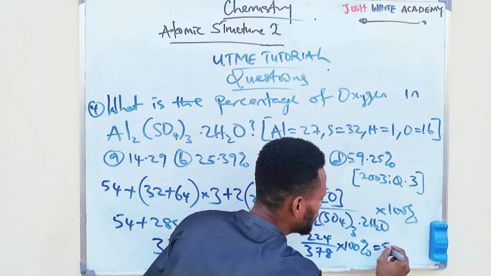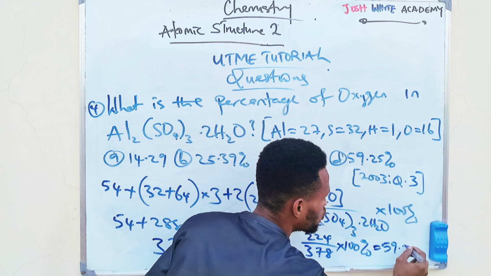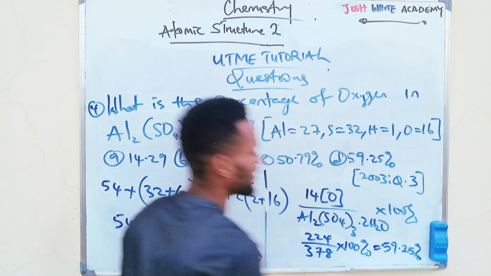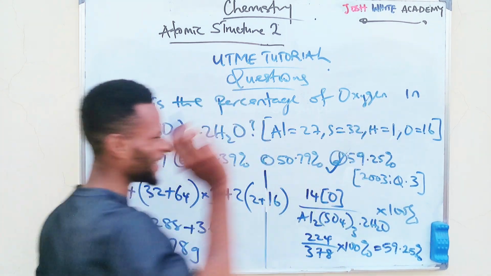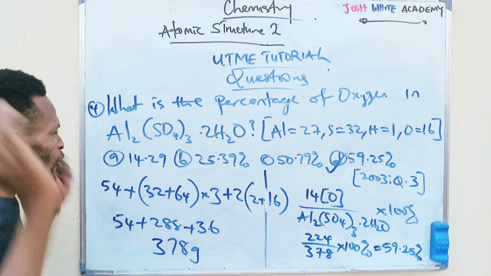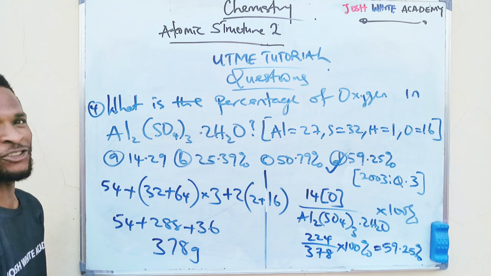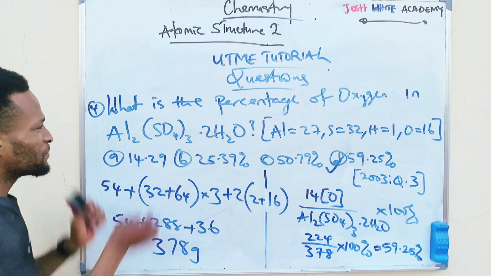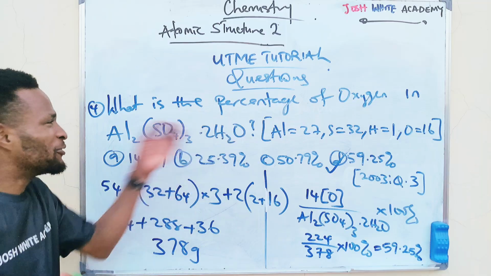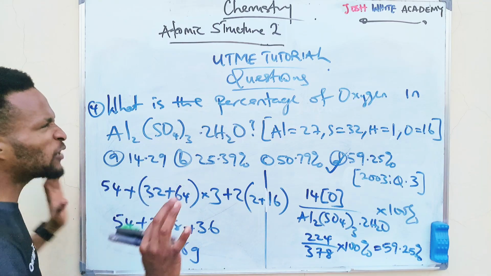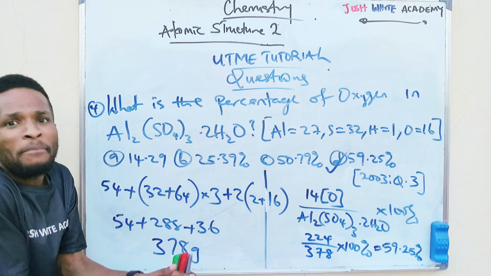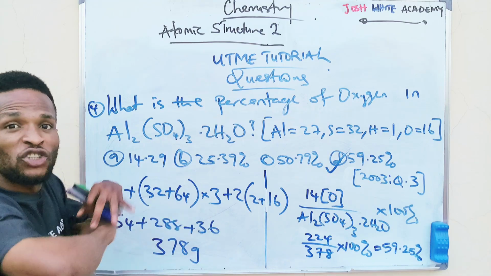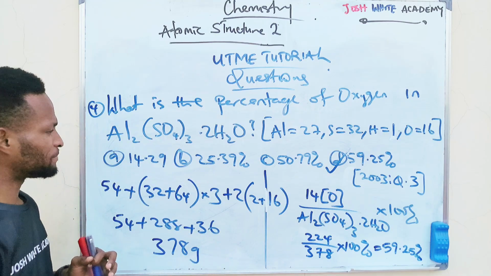We get 59.25%. That means our answer is what? D. You can choose to go further to find the percentage composition of just aluminium or sulfur or even hydrogen. So that's the way to always find percentage composition: the element divided by the total multiplied by 100.